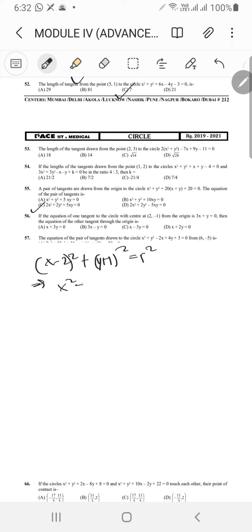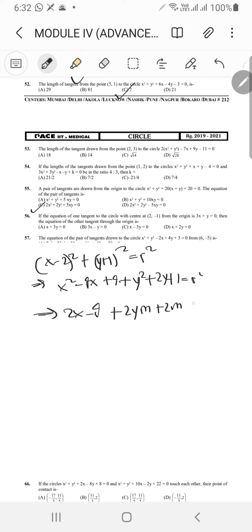So it's x squared minus 4x plus 4 plus y squared plus 2y plus 1 equal to r squared. And actually we have nothing to do with this thing. We are straight away going to take a derivative, right? Yeah, correct. Take a derivative, find the slope in terms of x and y first of all, which means 2x minus 4 plus 2ym plus 2m equal to 0, right?